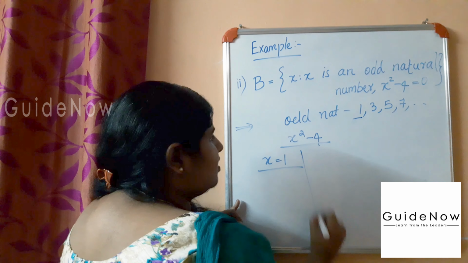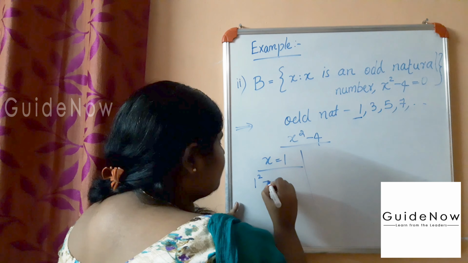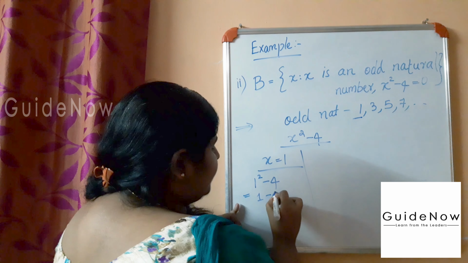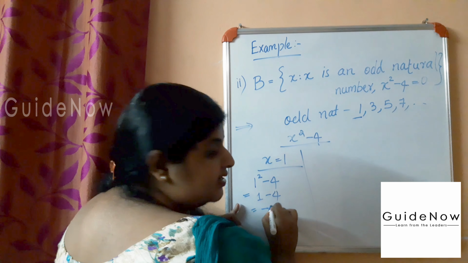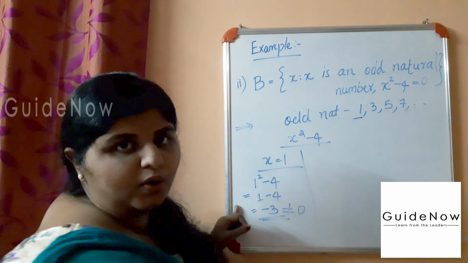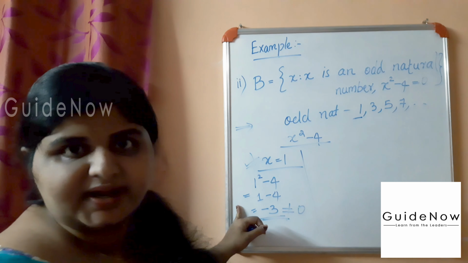The condition is x square minus 4, that is 1 square minus 4. 1 square is 1, and 1 minus 4 equals minus 3. This is not equal to 0, so 1 does not satisfy this condition.